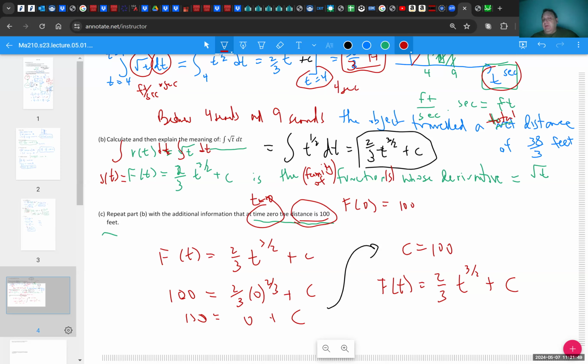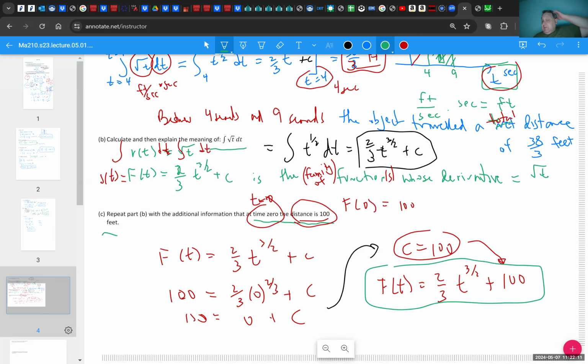So if we had F(3), that would be the additional net distance from 0 to 3 seconds. Oh, I put the plus c there, and I don't think I said plus c, but I see it now. That should be plus 100 because we just found out c was 100. So we're supposed to put it in there. I didn't for some reason, but I did catch my mistake. So that is the specific function given the fact that the time 0 distance is 100.